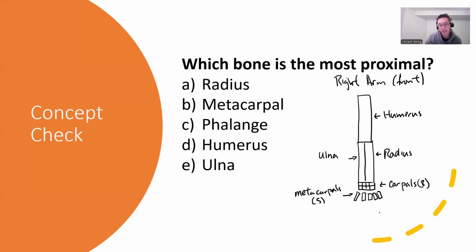If you're looking at this from the front, this is where the thumb is, only two, and then all the other ones have three. And that would be a total of 14 phalanges. Okay, I hope that makes it a little bit better, perhaps.